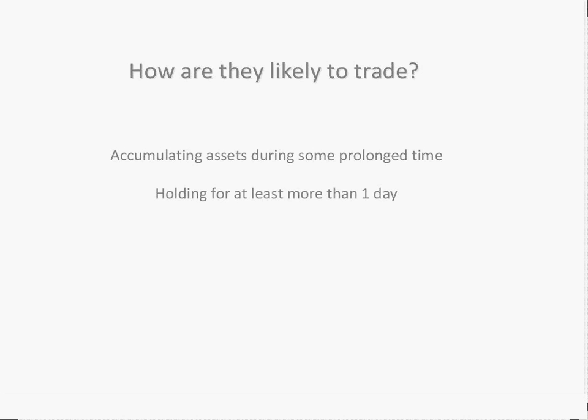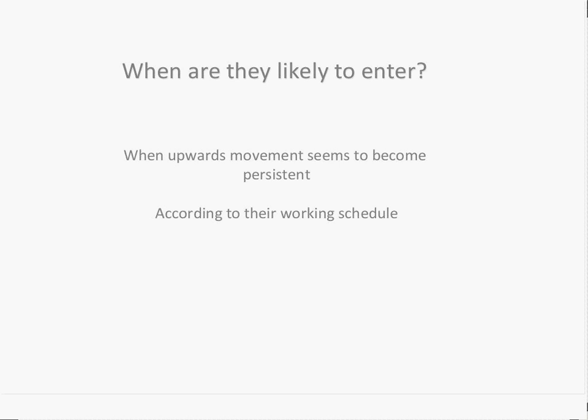At least we can say for sure that they hold this position for more than 1 day. They accumulate these assets over some prolonged time. The question is exactly when are they likely to enter?